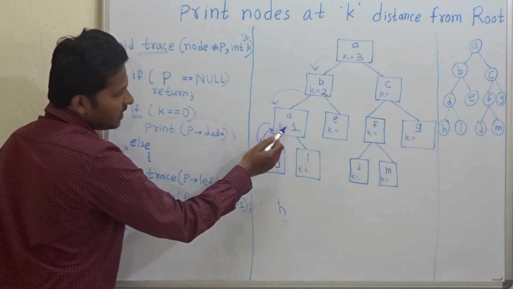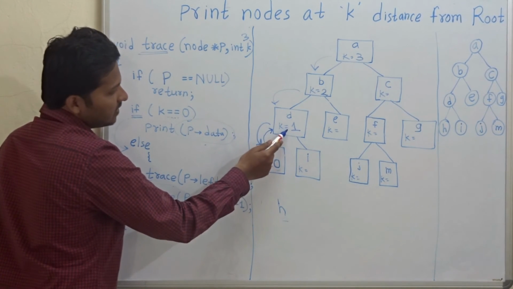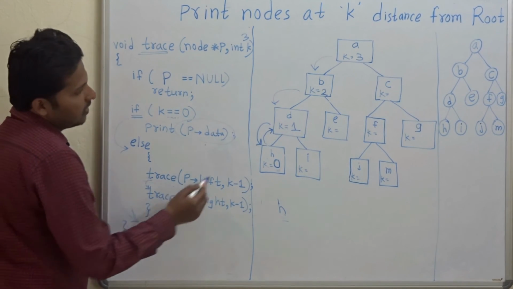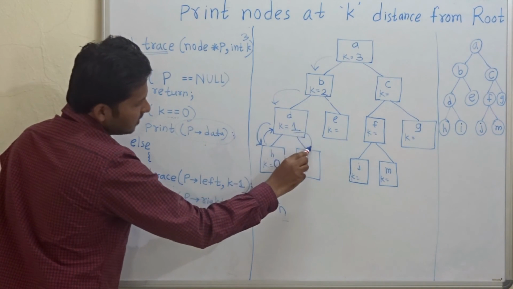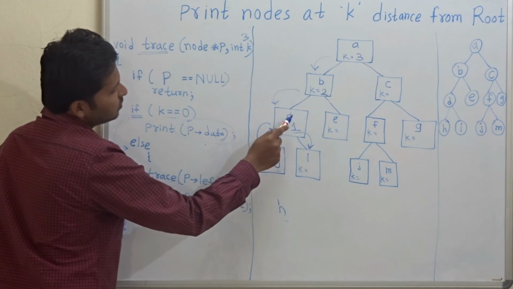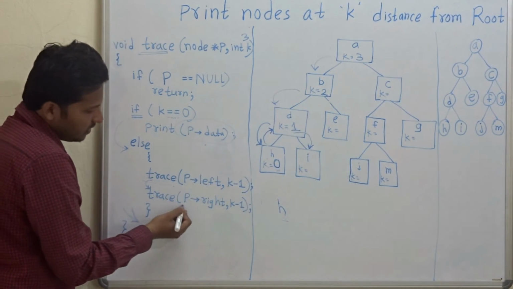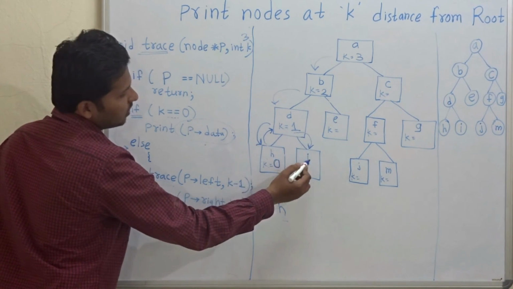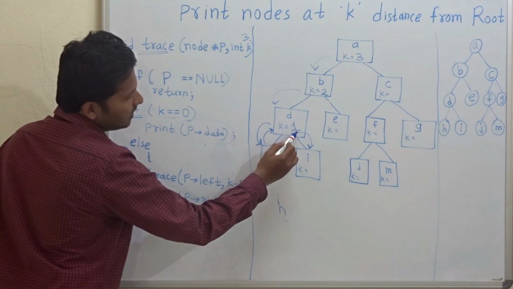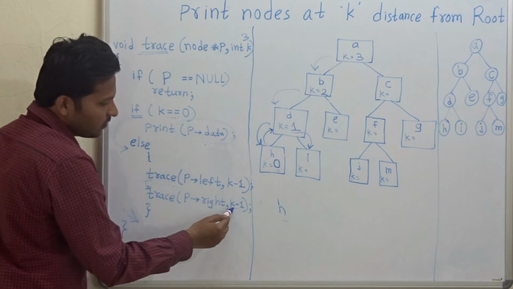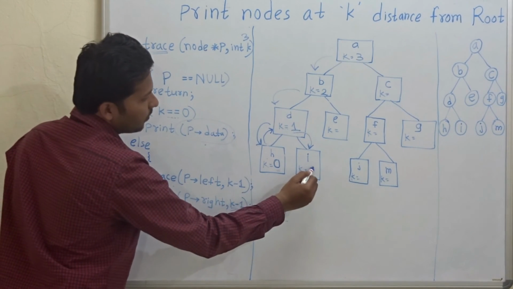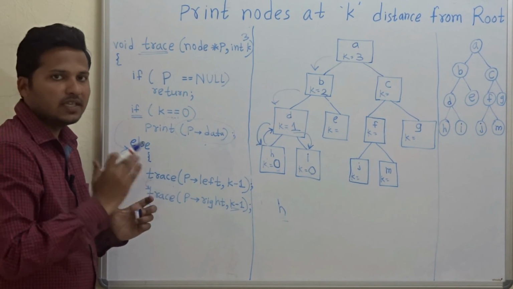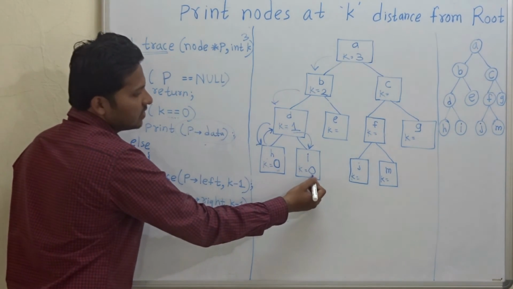So we return to the parent node and we come at D. At D, this trace function is called and we go to the right of this node, that is D. So here trace p points right, comma k minus 1, and we go to the right of this node, and here again k is equal to 1, and when we go to the right we subtract 1 and it becomes 0, and yet another node is found at distance k from the root, as k is equal to 0 here.